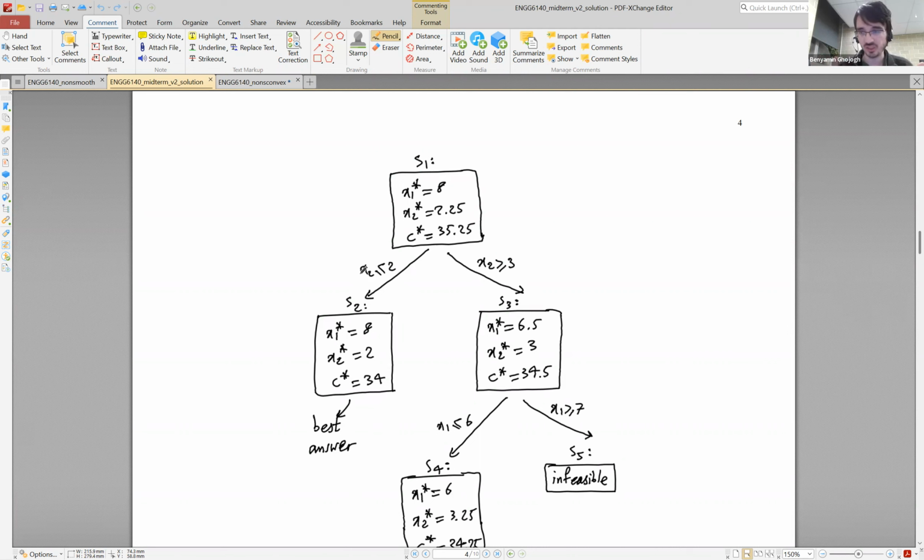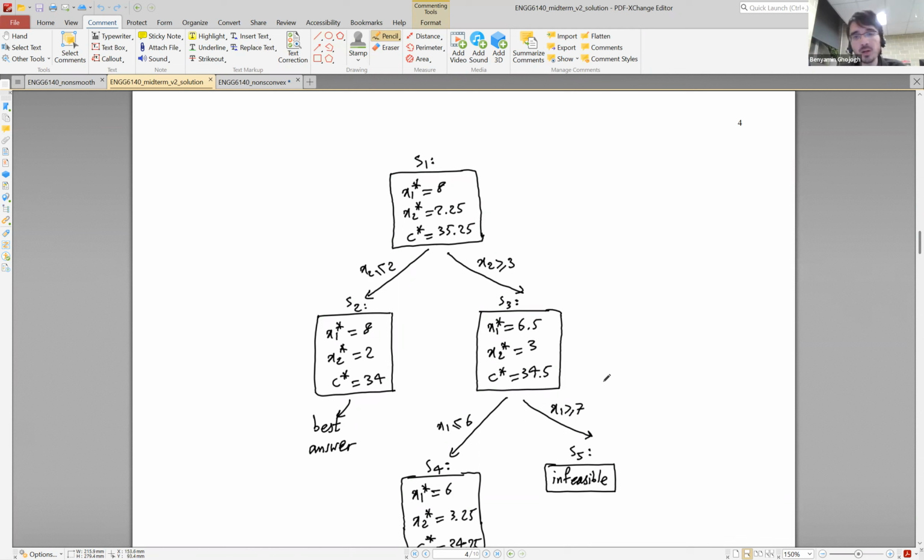In the best case, it doesn't change, but it might become smaller. So it means that the cost will be worse. If we are maximizing the cost, by going down in the tree as the feasibility set is shrinking, we will have less and less cost. If we are minimizing, the cost will increase. So the closer we are to the root of the tree, the better cost we'll have.